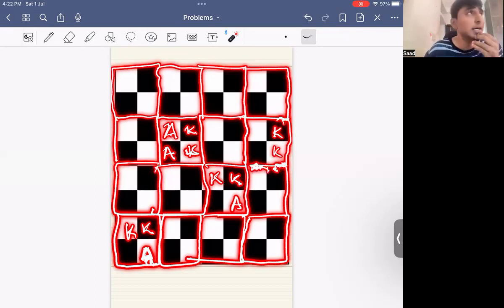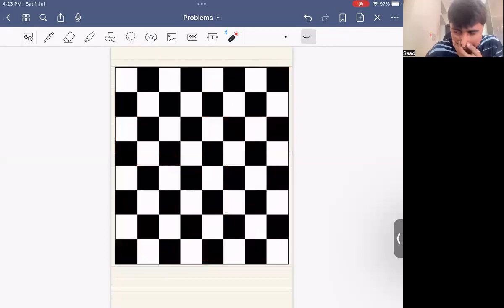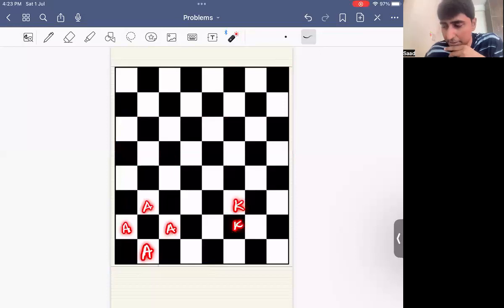Now think about it. If Alex is a bit smart and takes up same colored squares, so if I'm Alex, I'm going to take up these and these and these and things like that. Every time Katie takes up two consecutive squares, she takes up one white and one black, right?